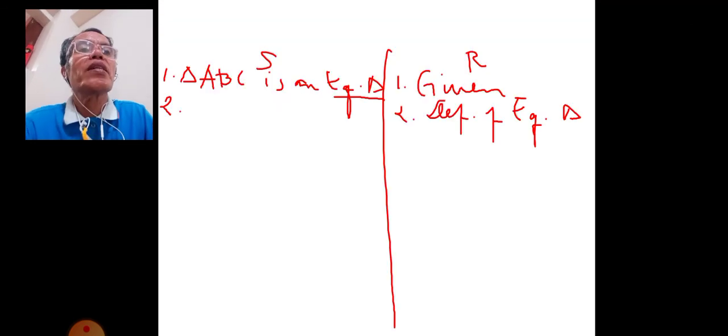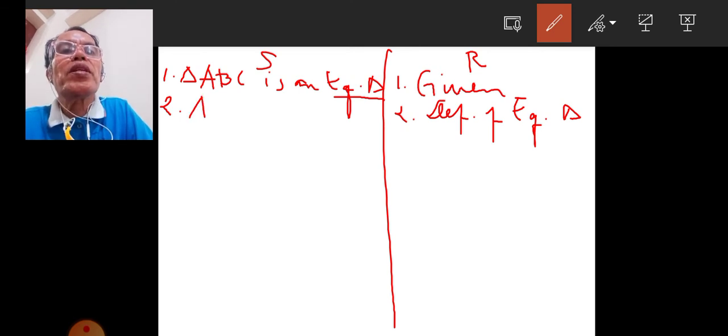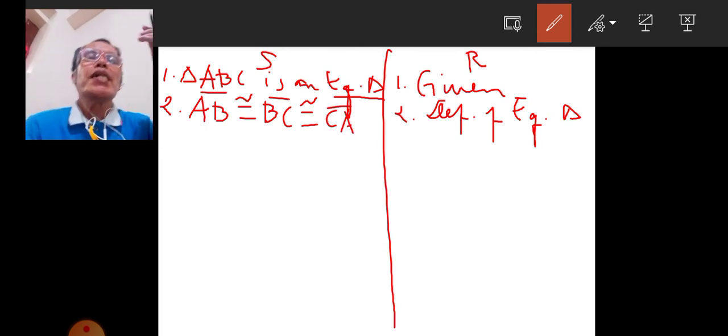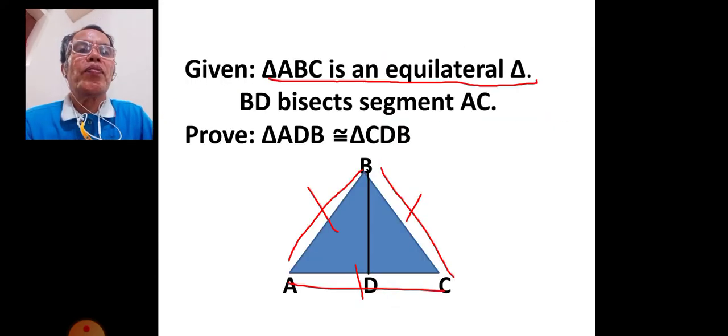So that is segment AB must be congruent to segment BC, must be congruent to segment CA. So that is the definition of an equilateral triangle, that the 3 sides of the triangle must be congruent.